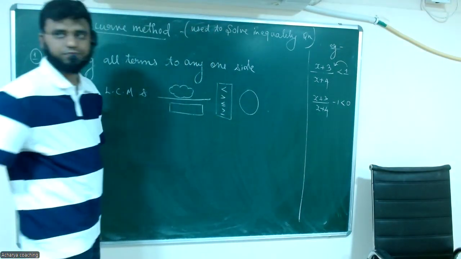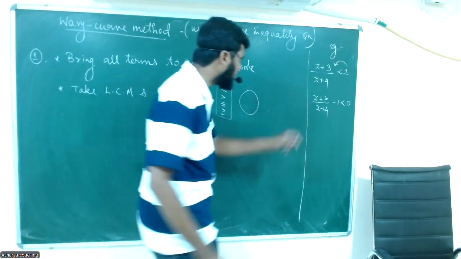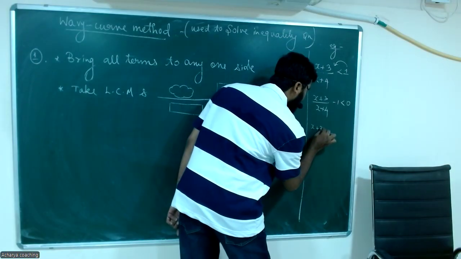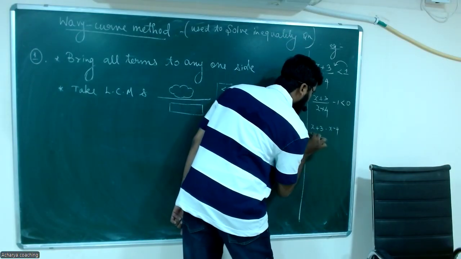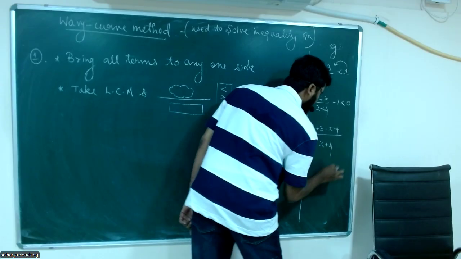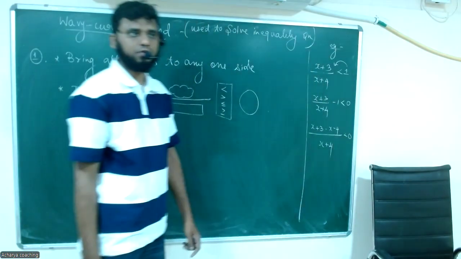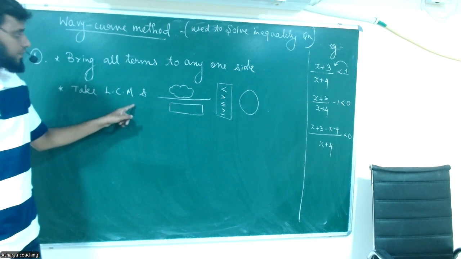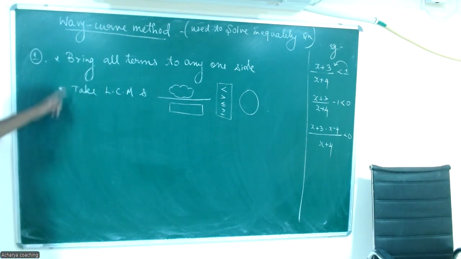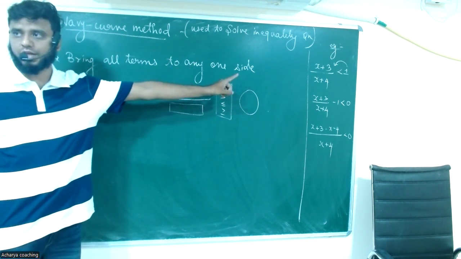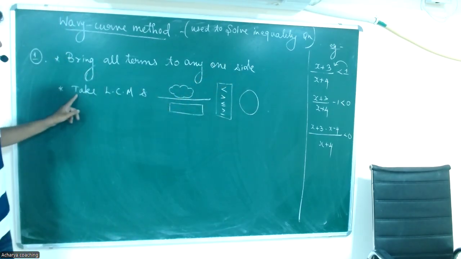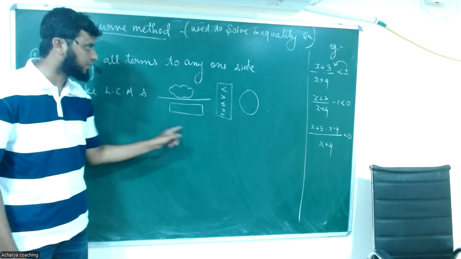Here it should be 0. Clear? So what is the next step we have to do here? Take LCM. (x plus 3 minus x minus 4), the whole divided by (x plus 4), less than 0. Clear? We have to write in this structure. Any doubt in this? First step, bring all the terms to any one side. Second step, take LCM and write in this format.